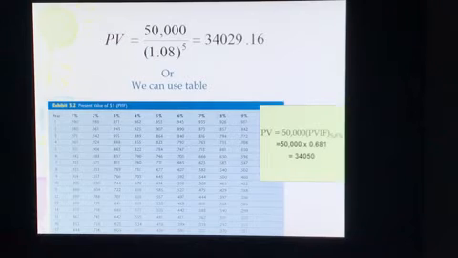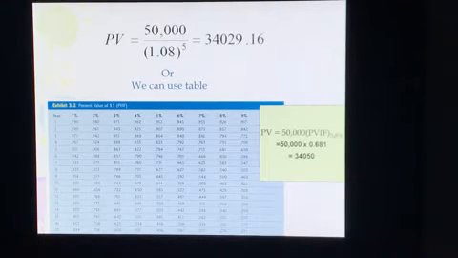We can calculate the present value interest factor by using this table. At 8% and 5 years, the value of the present value interest factor from this table is 0.681, and we will multiply it with 50,000 and finally we get this result, 34,050.